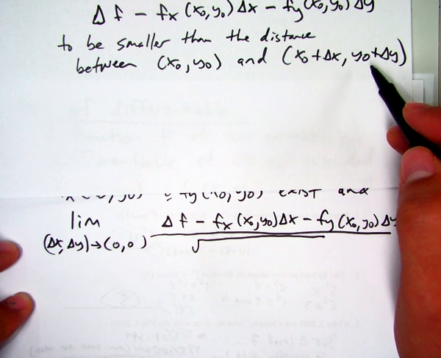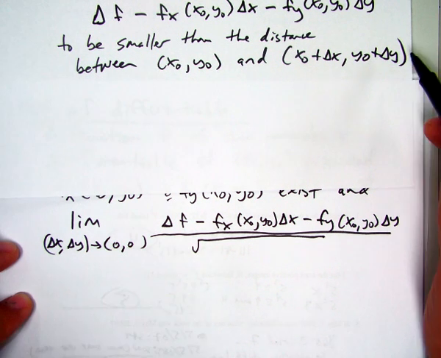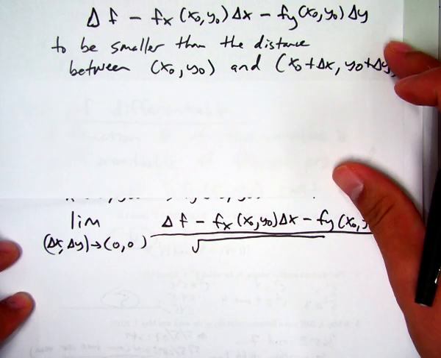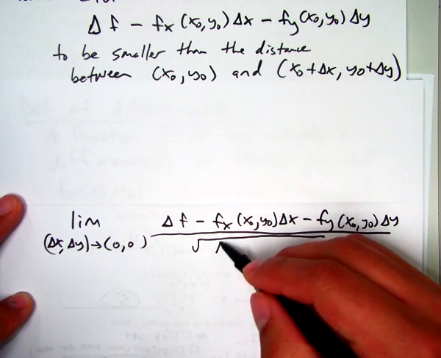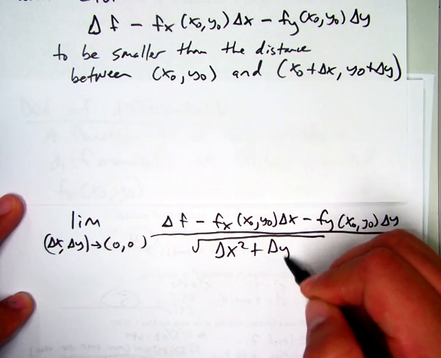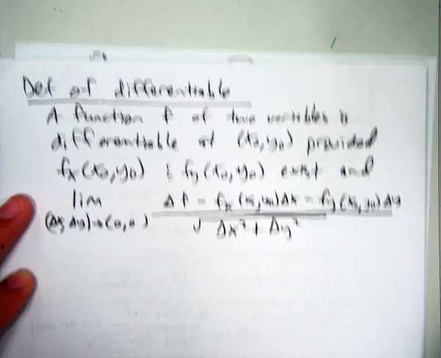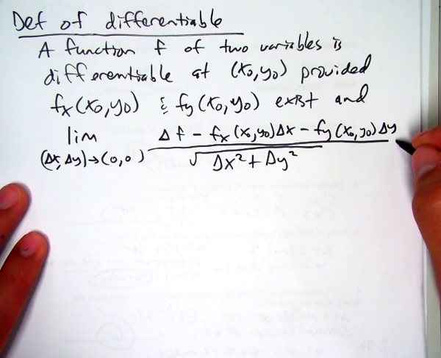So what would the distance be there? The square root of what? Delta x squared. Good. Okay, so that's going to be 0.